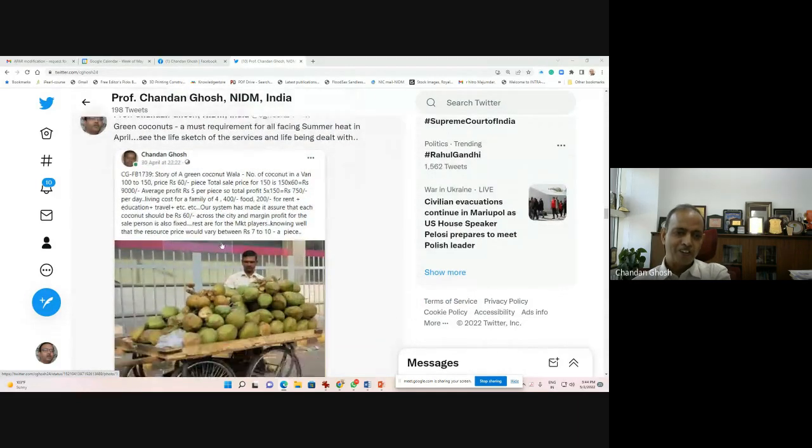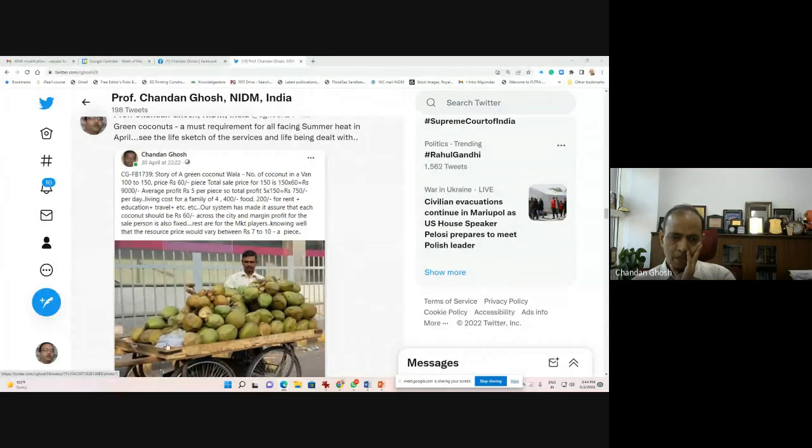Then I gave, of course, today's story of a green coconut wala. Number of coconuts in a van like this, you can count 1, 2, 3, 4, 5, 6, 7, 8, 9, 10. So how many layers can he make here? And this side, 1, 2, 3, 4, 5, 6.